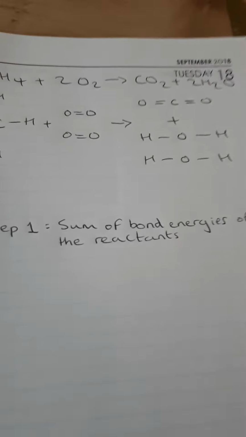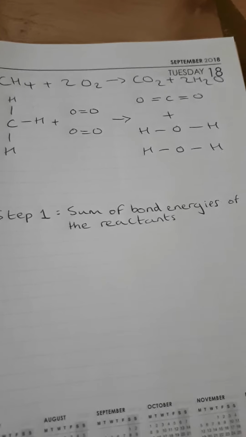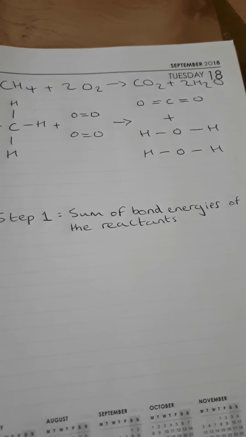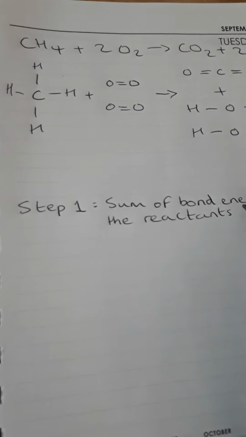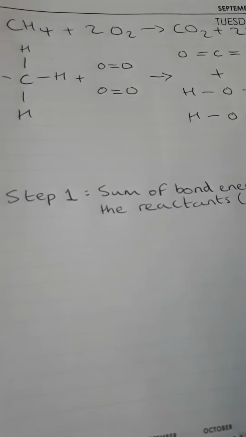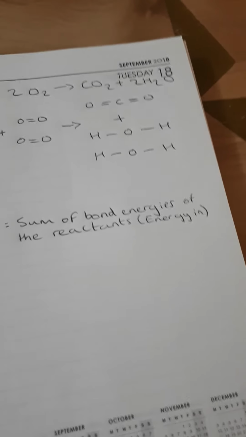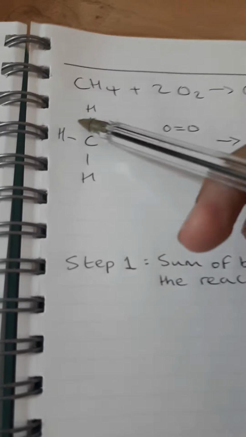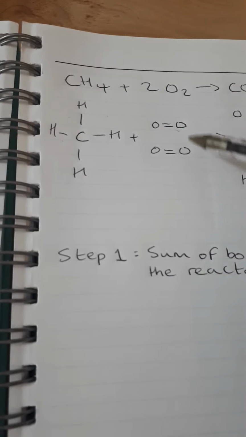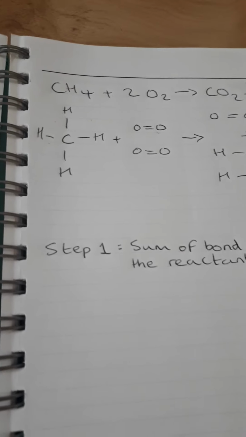Okay, so our step one now is looking at the sum of the bond energies of the reactants. So we also call this energy in. This is referring to the energy that is taken in to break the bonds of the reactants. To break all these bonds, we have energy in.